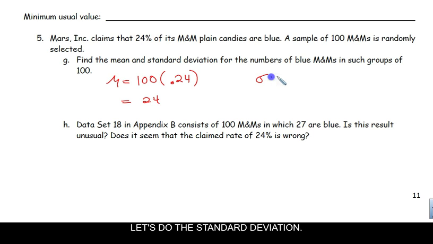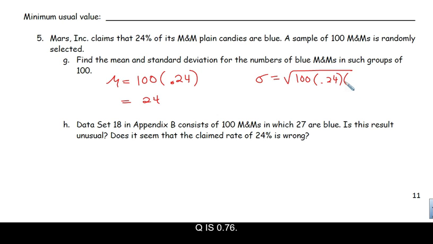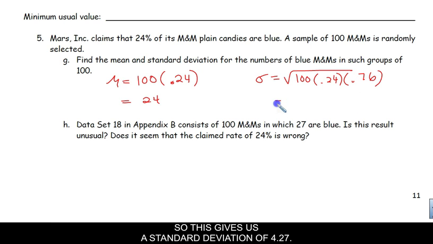Let's do the standard deviation. Square root of N, P is 0.24, Q is 0.76. So this gives us a standard deviation of 4.27.